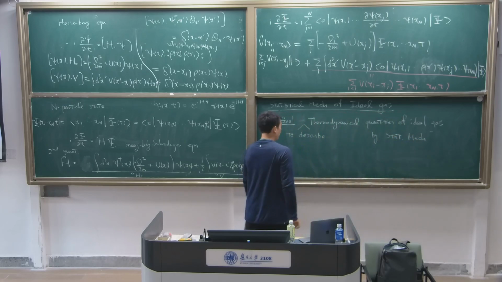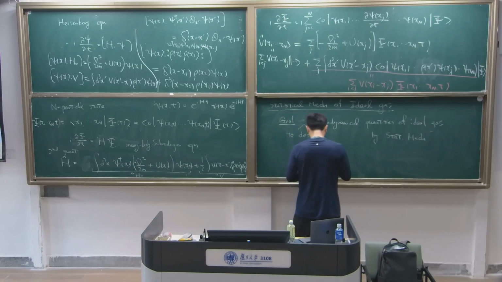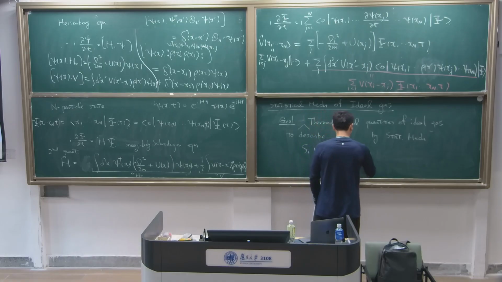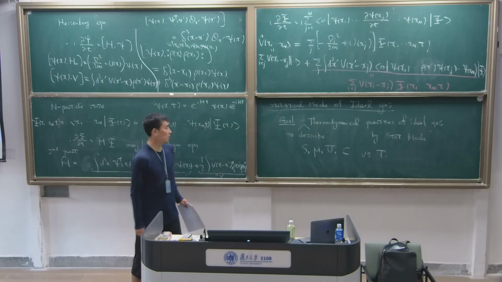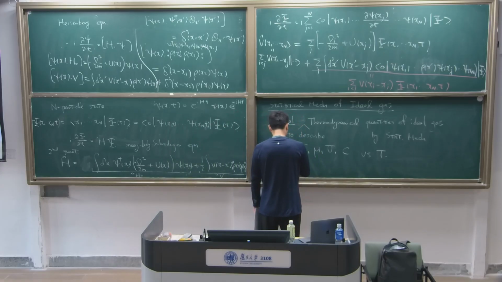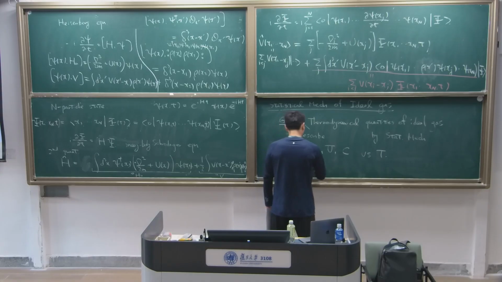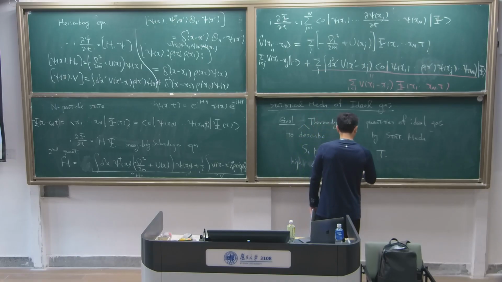In particular, we just consider the following: the entropy, the internal energy, and the heat capacity versus temperature. How do they behave? And in particular, we just take the limit of high energy and low energy, high temperature and low temperature limit.